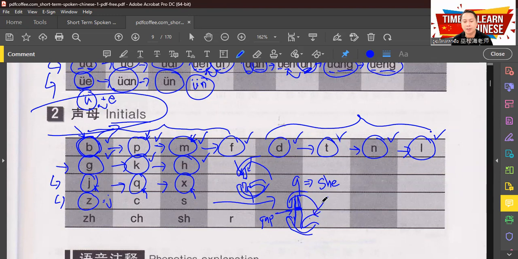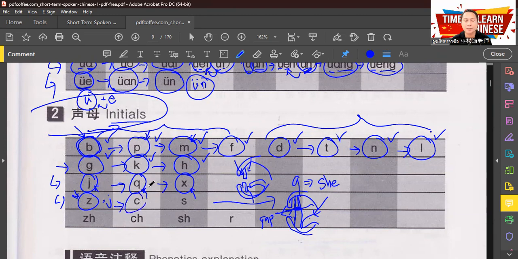When you speak out in this initial, the air in your mouth will flow like this. Okay, so the air goes out through your teeth. So the sound is like away like this. For the first one, Z, we will accent like z, z, z. Okay, Z is z. Again, please.